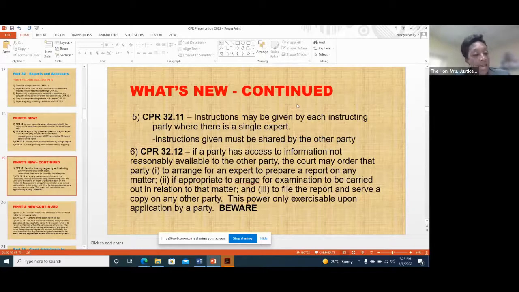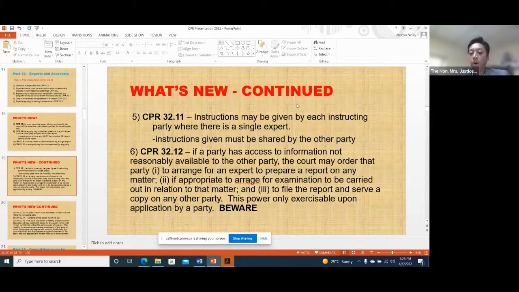If a party has access to information which is not reasonably available to the other party, the court may order that party to arrange for an expert witness to prepare a report on any matter, if appropriate, to arrange for an examination to be carried out in relation to that matter, and to file the report and serve a copy on any other party. The court's powers under this rule may be exercised only on the application of a party.